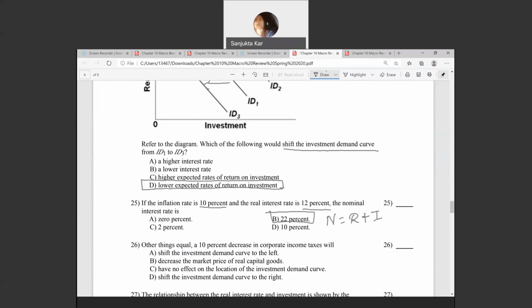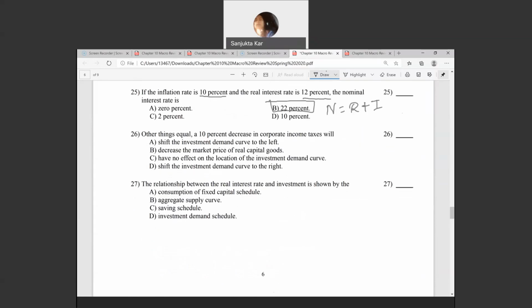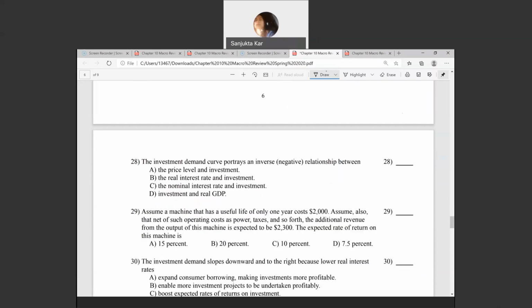Question number 26. We have a decrease in corporate income taxes. This is easy. You shift the investment demand curve to the right. The relation between interest rate and investment is shown by the investment demand schedule. Almost there. The investment demand schedule shows the negative relation between interest rate and investment.